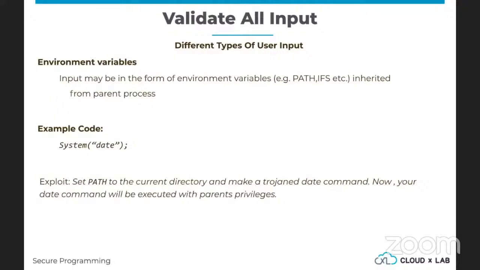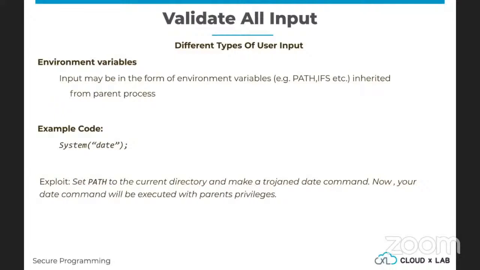If the attacker creates another command called date and changes the path such that the date is picked from the user's directory, it would be run with the privilege of the admin user.